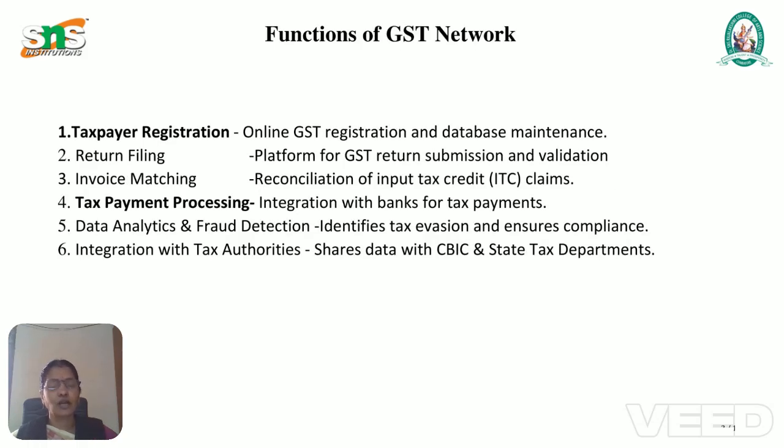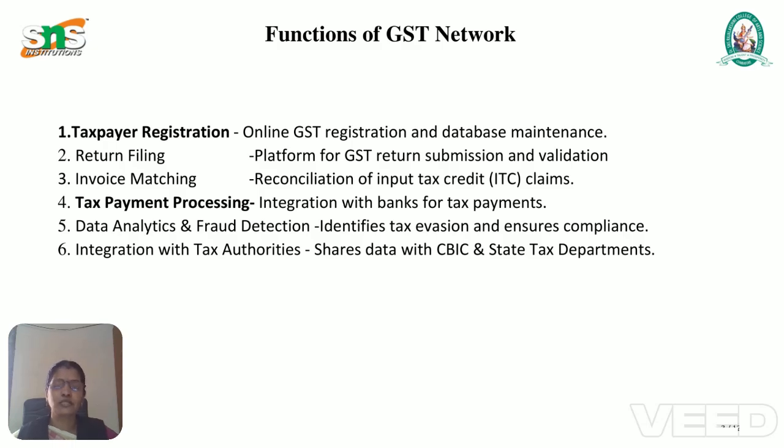Then what are the functions involved in the GSTN? The first and foremost function is that a taxpayer registers their business through online registration. Then, after completing their registration, they file their return based on submission and validation.